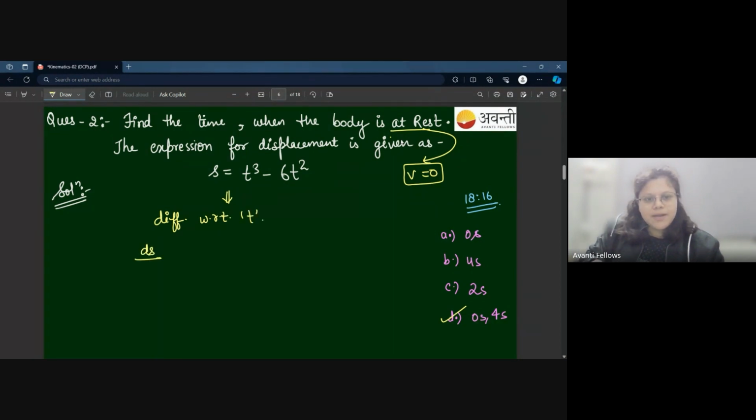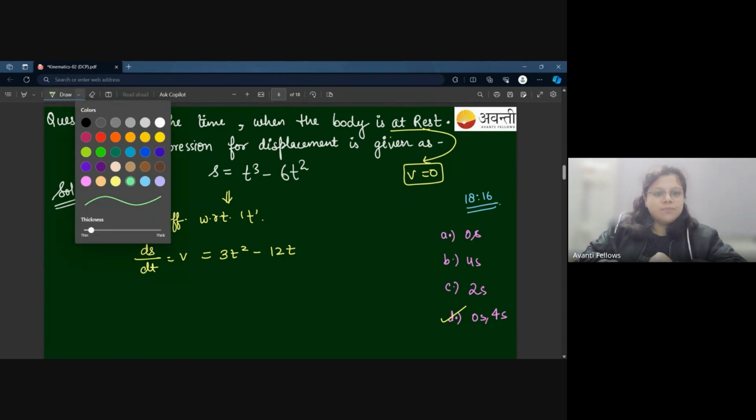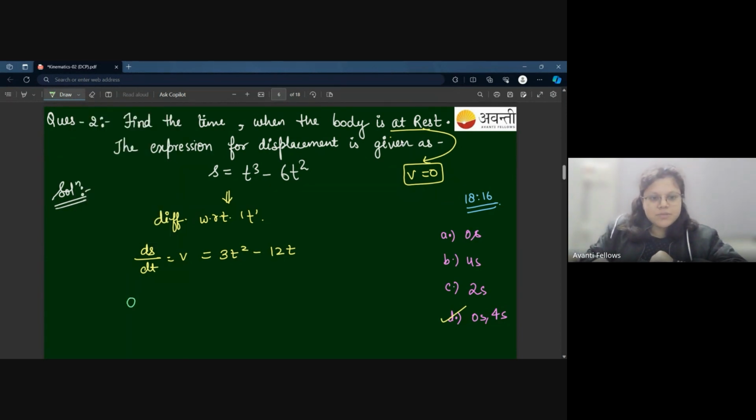It would be ds by dt, which we know as V, is equal to 3t square minus 12t. In the previous question, I explained the differentiation of the same expression. So as per the given condition of this question, this entire term is equal to 0, and this is equal to 3t square minus 12t.